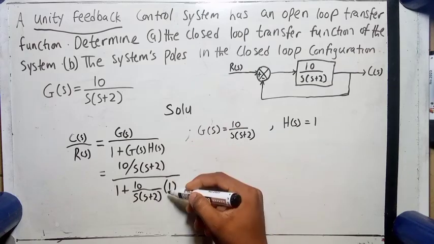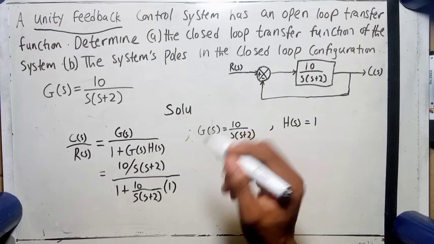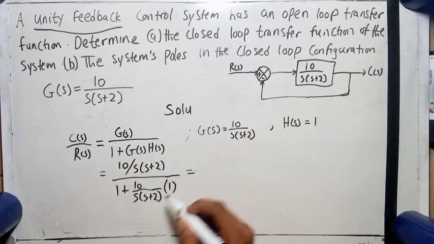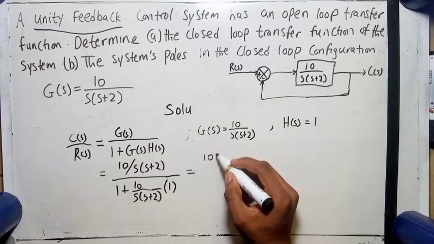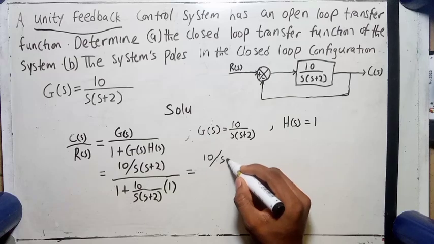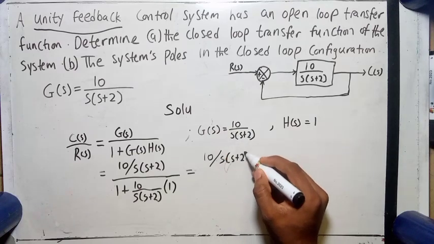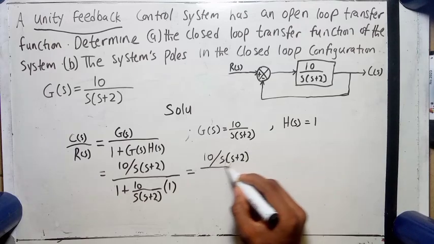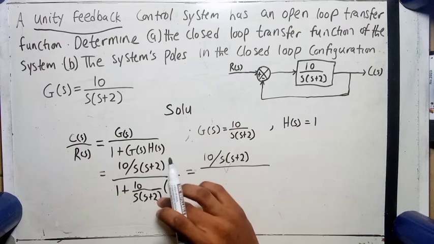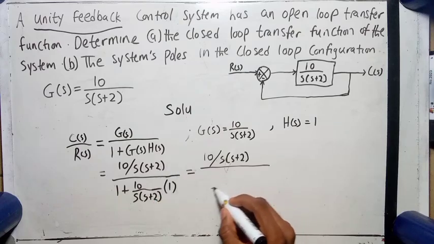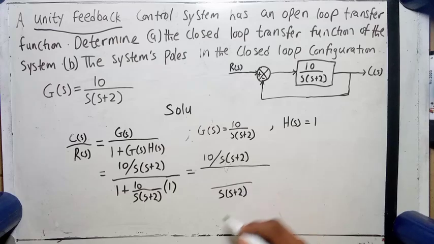Right, our H is 1, our G of S, and that. Now solving all through, let's focus on the denominator first. Let's make it to have the same denominator. So on this one, let us make it to have one denominator. We're going to be having a common LCM of S bracket S plus 2.